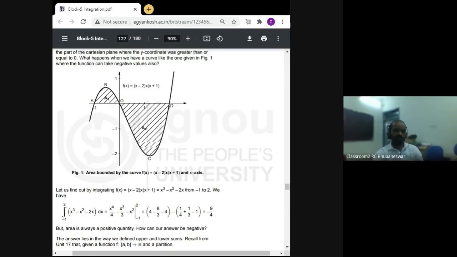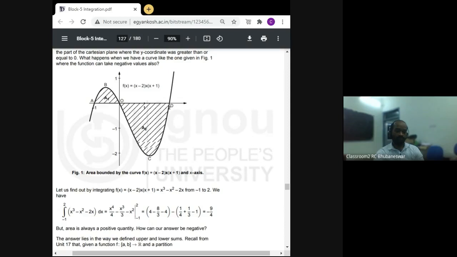The point capital A is at the position -1, and the last point intersecting the x-axis, capital D, is exactly at the point 2. That means we are going to calculate the integration of this function whose graph has been drawn. Integration from -1 as the lower limit to 2 as the upper limit.